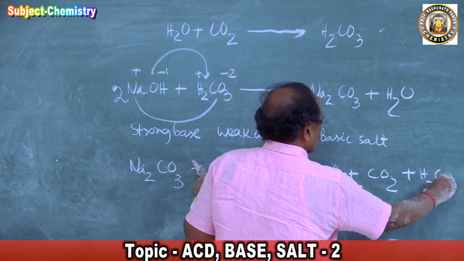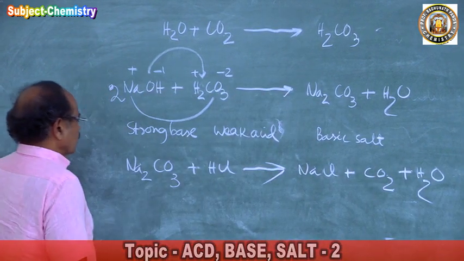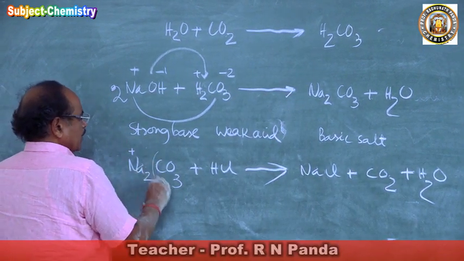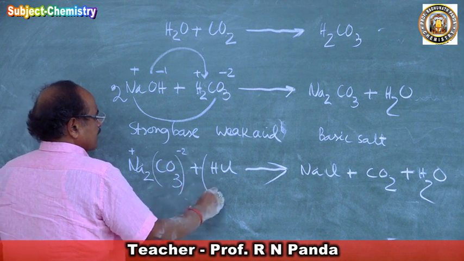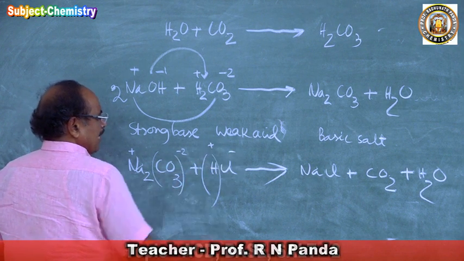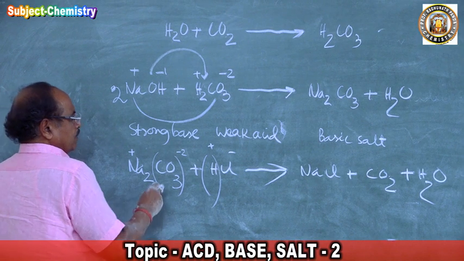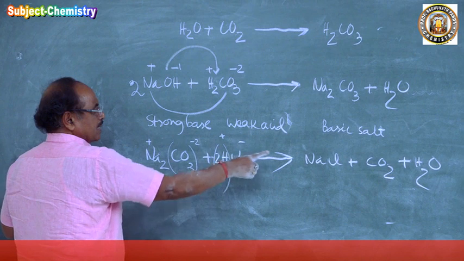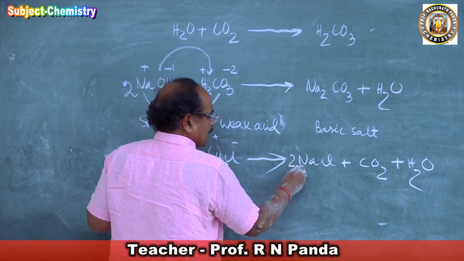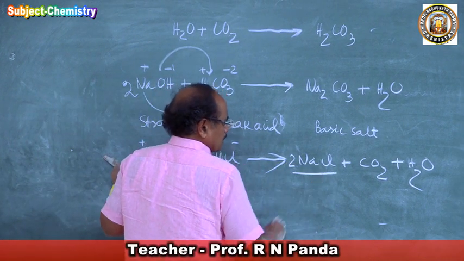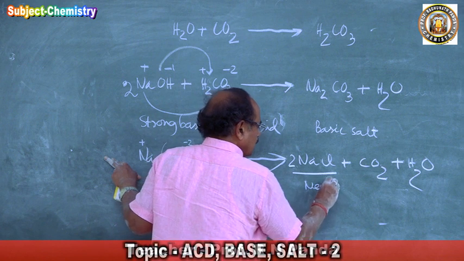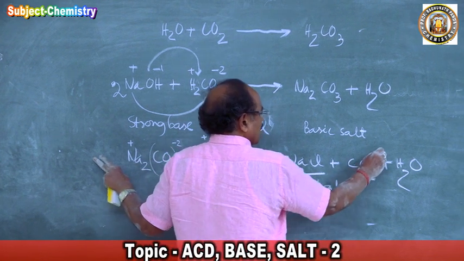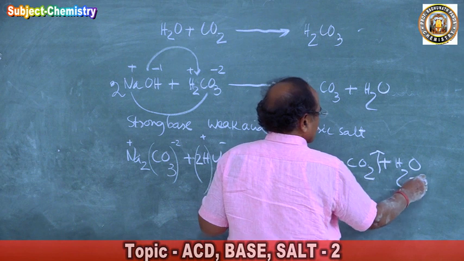Sodium is plus and carbonate is minus, H is plus, Cl is minus. You have 2 sodium, so 2 HCl, so 2 NaCl. This is a salt, neutral, and this is a gas, carbon dioxide, and this water is neutral.